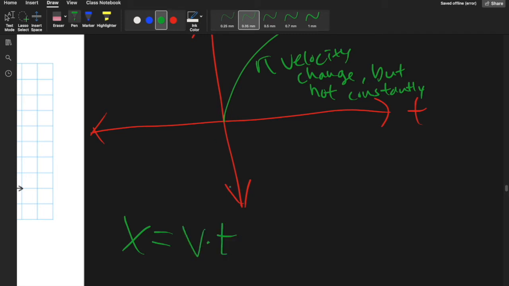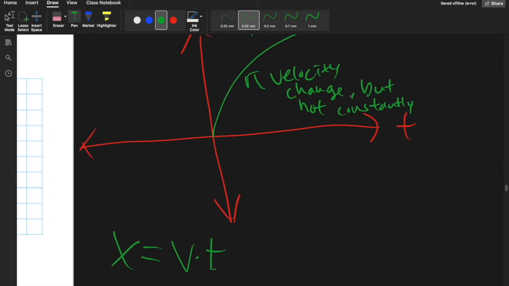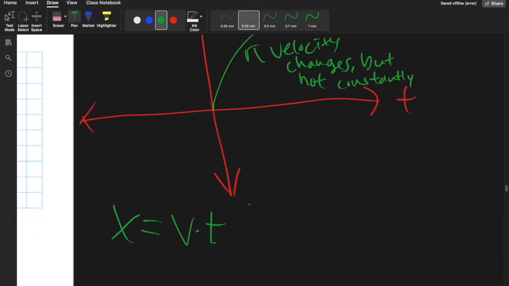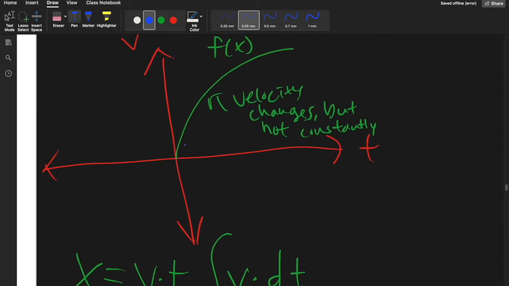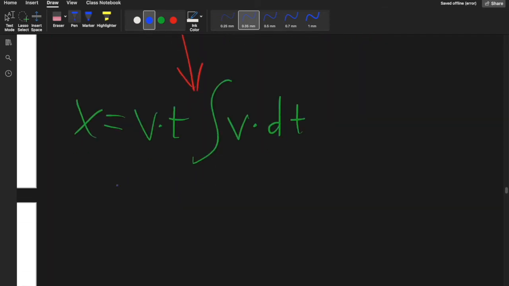However, because the velocity does not change constantly, we need to use integral. So integral of velocity times dt. And we know that integral calculate the area under the curve, right? You can just divide them into different rectangles, and then it tells you the area. And that's why velocity versus time graph tell us about displacement.